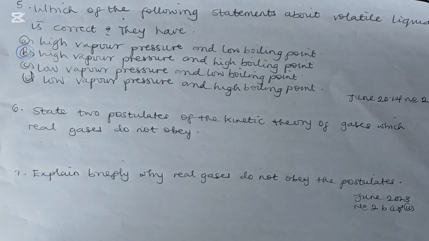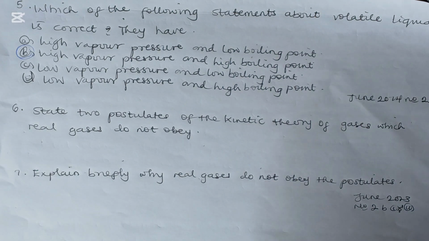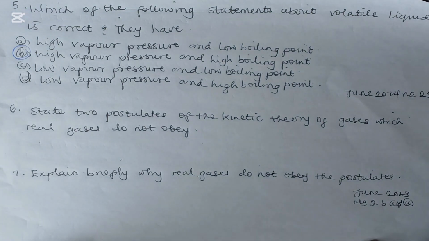And the chemical properties of these ideal gases are postulated by Graham's law of diffusion, whereas the physical properties are postulated by Charles's law, Boyle's law, and Dalton's law of partial pressure, and all this explains more about gases that don't really exist.